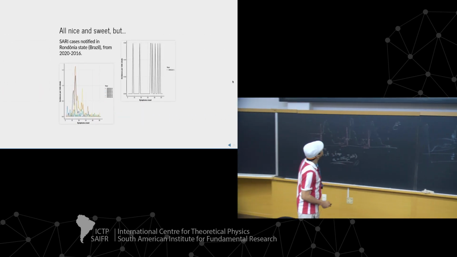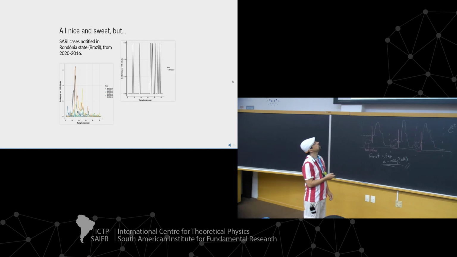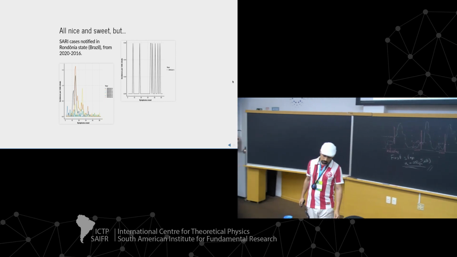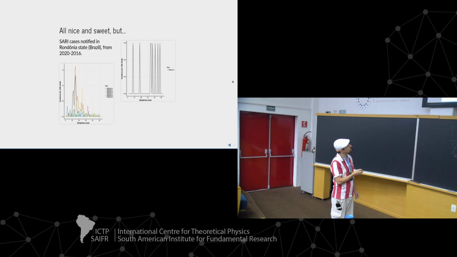Now, everything nice and dandy, but then we have, again, the problem of real data, pesky real data. So here is an example of case notifications in the state of Rondônia, here in Brazil, from 2010 all the way to 2016.